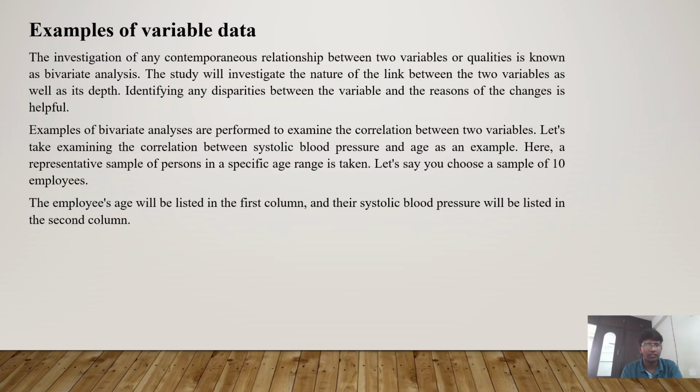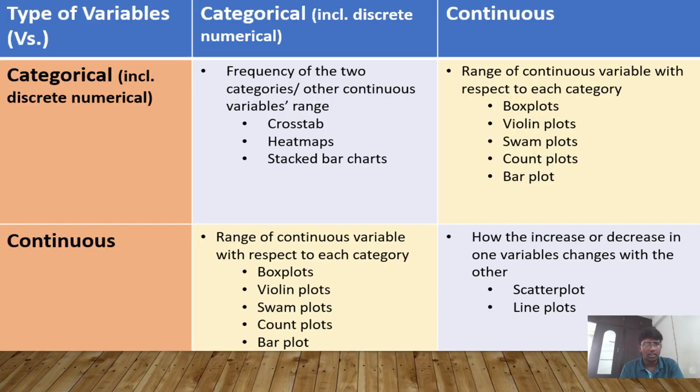The example that I have taken is a sample of 10 employees, and using this example we want to examine the correlation between systolic blood pressure and age. The employee's age will be listed in the first column, and their systolic blood pressure will be listed in the second column.